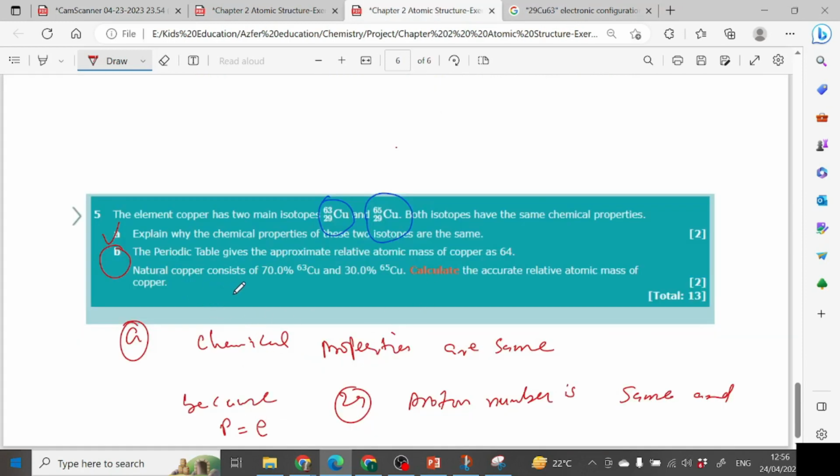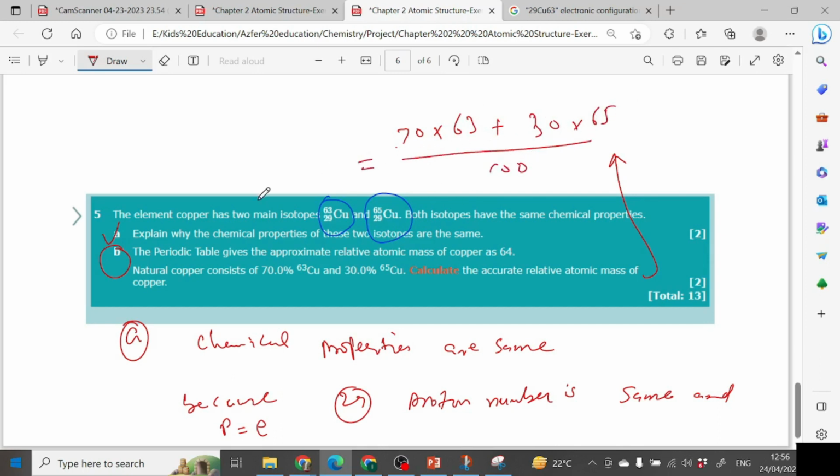Natural copper consists of 70% copper-63 and 30% copper-65. Calculate the accurate atomic mass. So this is very easy. We can calculate it by 70 multiplied by 63 plus 30 multiplied by 65, and we will divide it by 100.